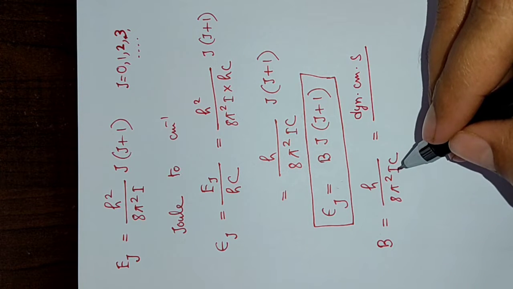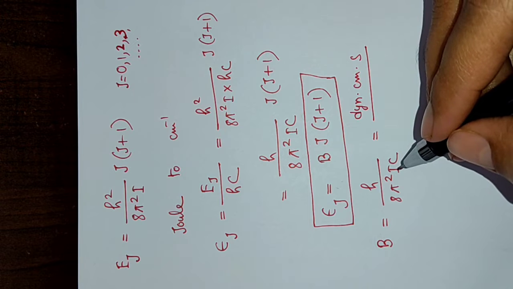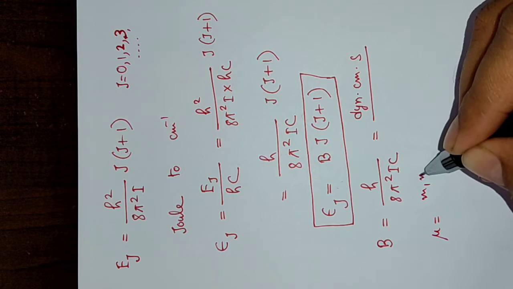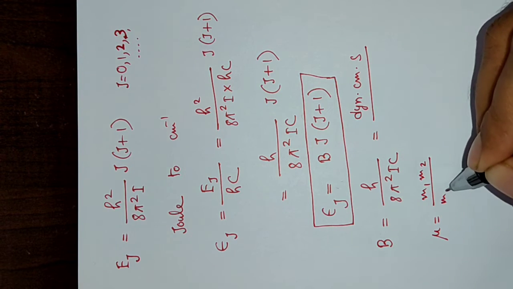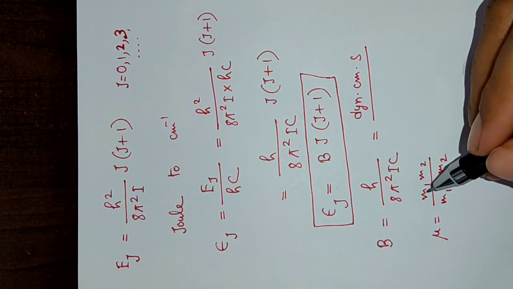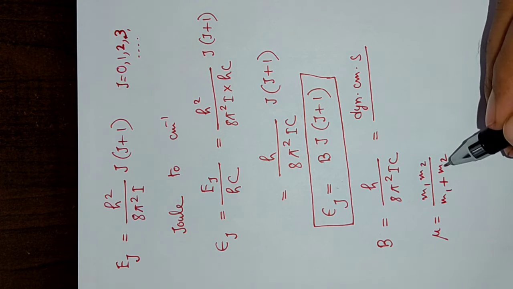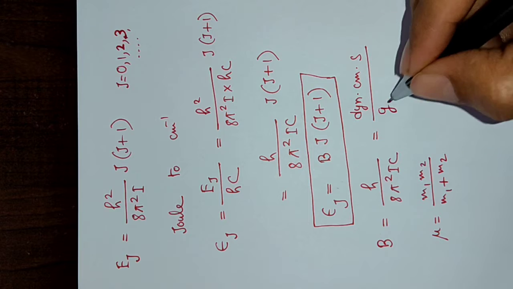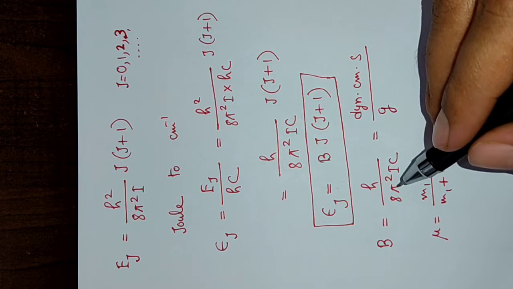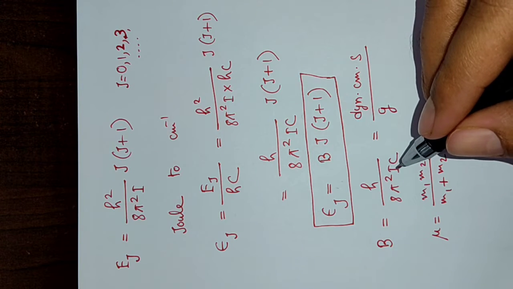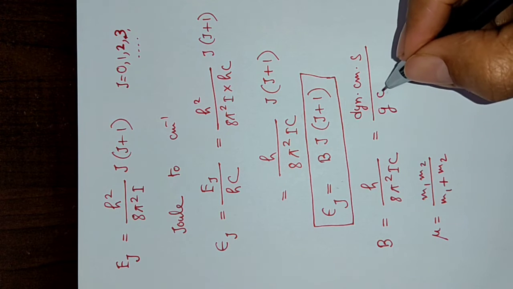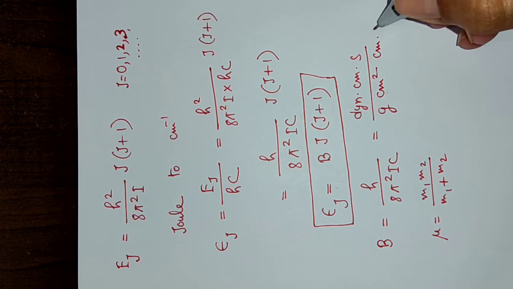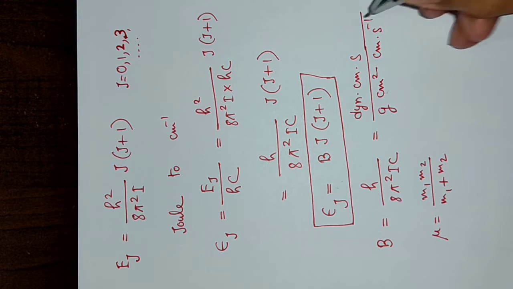And for I it will be reduced mass, and reduced mass is defined as m1 m2 upon m1 plus m2. So gram into gram by gram plus gram, so it will be gram. We write here g, pi is dimensionless, 8 is constant, and here we have r square, so it will be centimeter square, and c is centimeter per second.